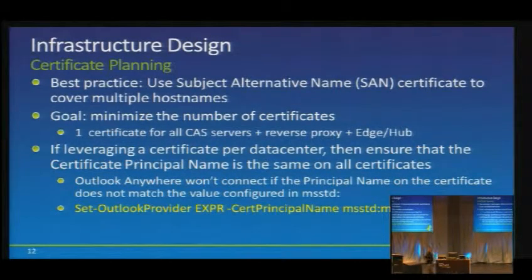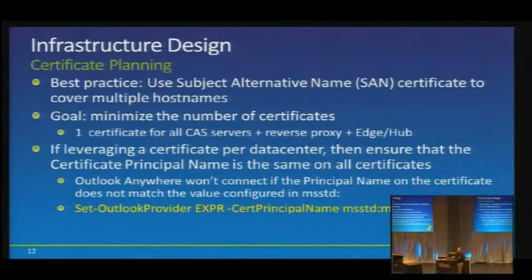Now, if you are leveraging these certificates, you have to make sure that the certificate principal name, remember, you're going to use multiple names, but whatever is your primary name, like mail.contoso.com, has to match whatever you put in the MSSTD provider. Okay, so it's this cmdlet that you'll use to set that.